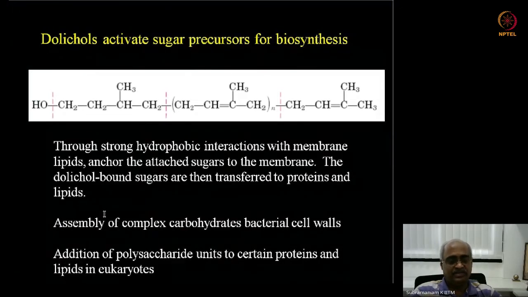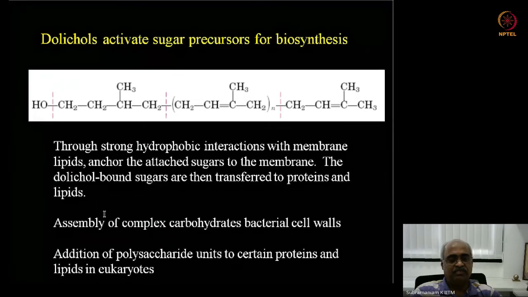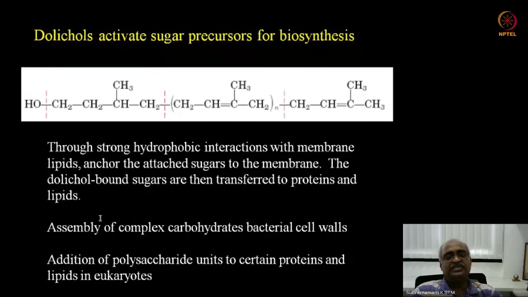Remember, we have already seen them. Our blood group is a glycosylated membrane lipid, like we saw with the sphingolipids. There we saw the carbohydrates attached. And to add sugars like that to the membrane lipids, these dolichols help.